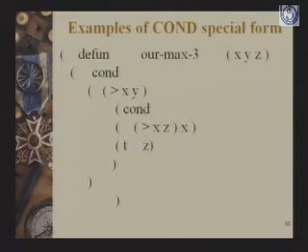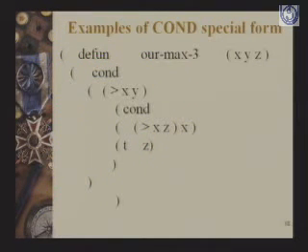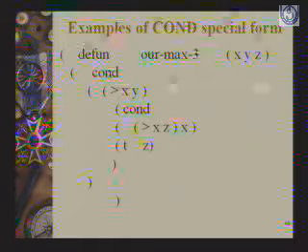But we know that one of the ways of finding out the maximum of 3 numbers x, y, z is that first we compare x greater than y. And if x is greater than y, then we compare x with z. And if this is also true, then the maximum of x, y, z is x.